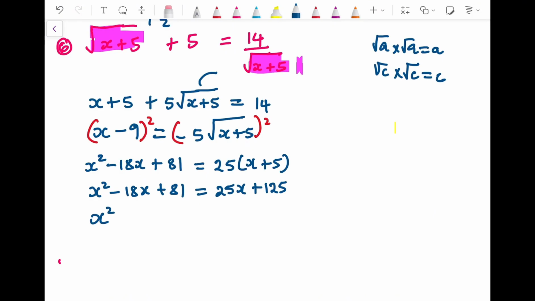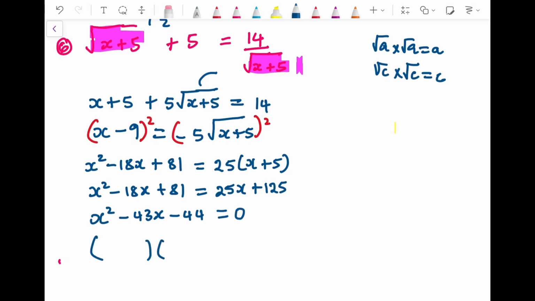I will have x squared minus 18x minus 25x, that will be negative 43x. So this is negative 43x, and then 81 minus 125, this is negative 44. This is equal to what? This is equal to 0.